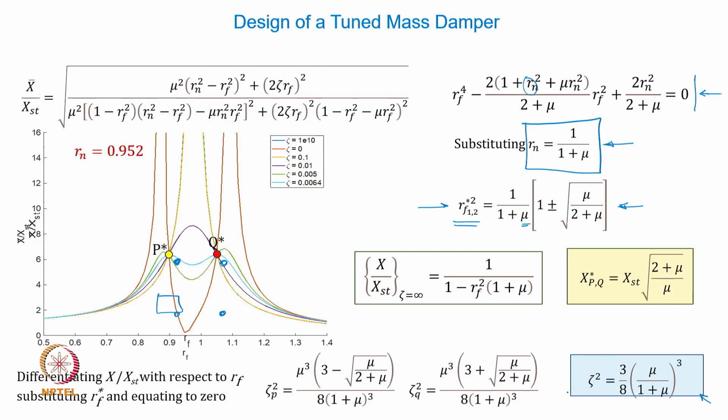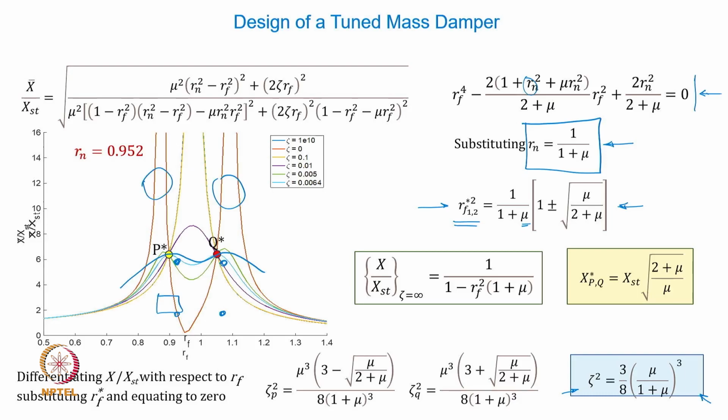The moment you use an optimized damping ratio based on this expression, you will have more or less zero slope at both p star and q star, and then you will have a much lower vibration response over a wide operating speed range, and you don't really have to worry about the kind of resonances which are generated by attaching the absorber.